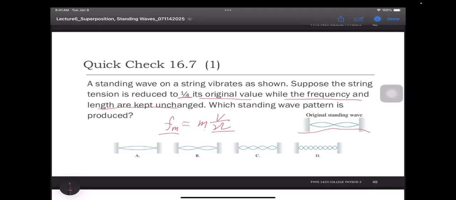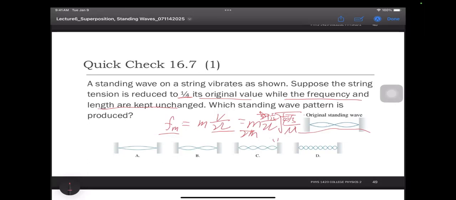So the string tension appears in f equals m over 2L times the square root of tension over mu. The tension will be one quarter, which means the mode number m should be 2m, and then it will keep the frequency the same.